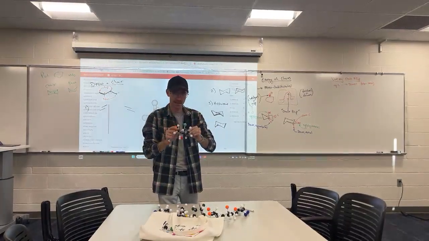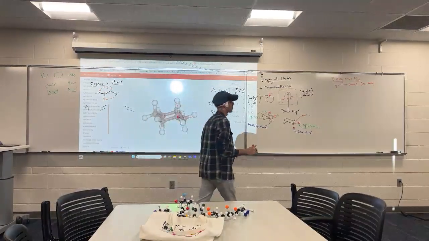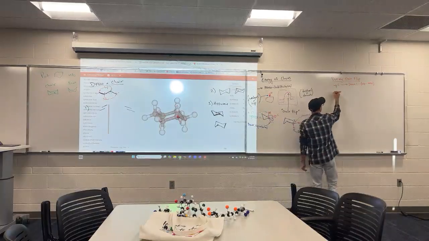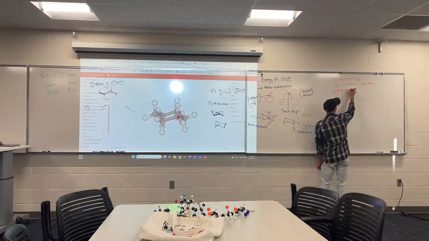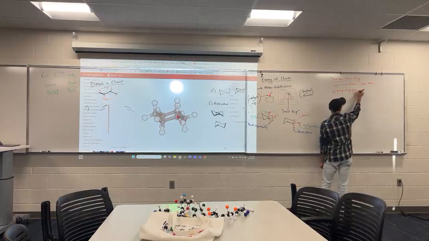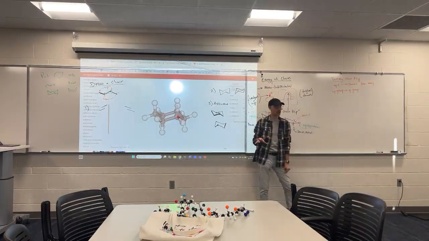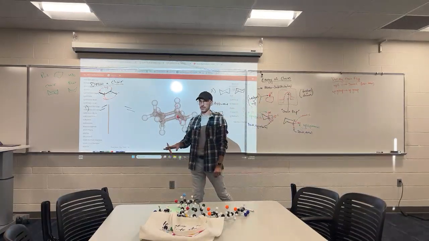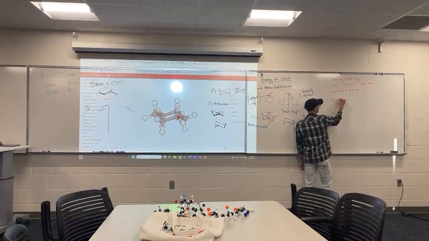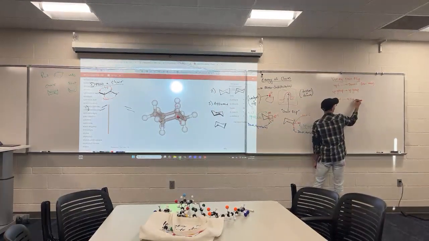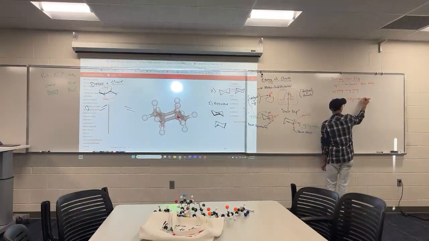That is the conformational change. Every up group becomes what? An up group. And down groups stay down groups. But axial becomes equatorial, and vice versa.